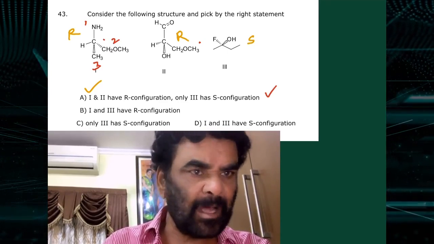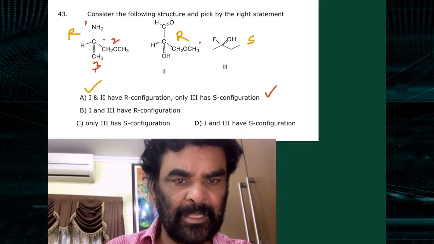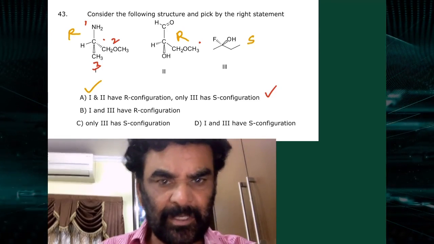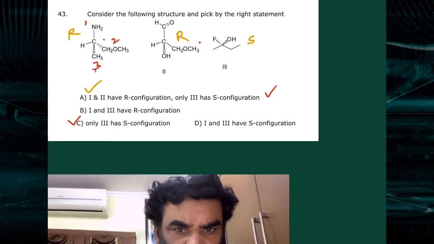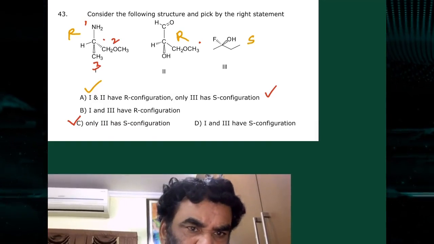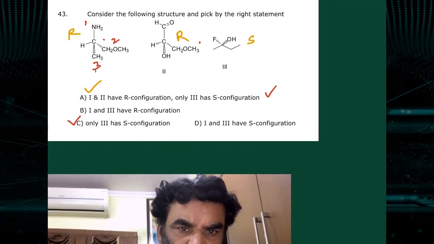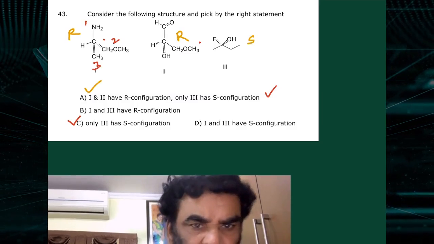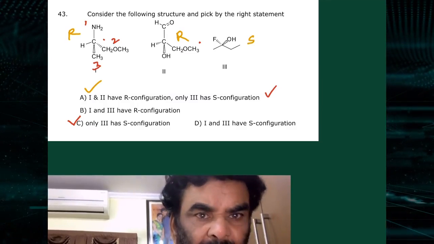1, 3 have R configuration? No. The 3 has the S configuration. Not correct. Only 3 has S configuration, this is also correct. 1, 3 have the S configuration?